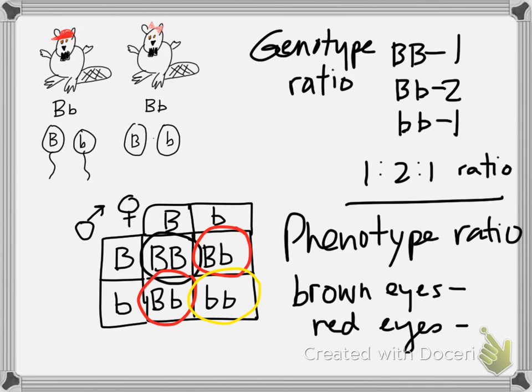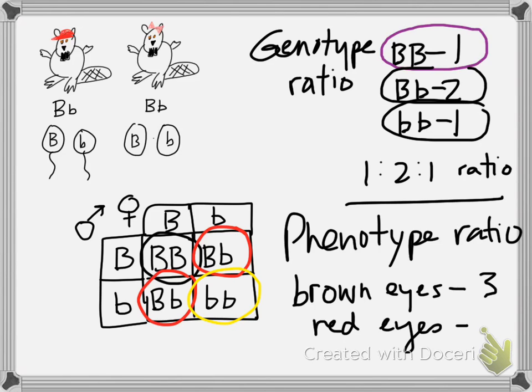And what we can do is look at each genotype and say, well, what color eyes would this one have? So big B gives you what color eyes? Brown. So that's 1 for brown. Big B, little b gives you what color eyes? Brown. That's 3 for brown.